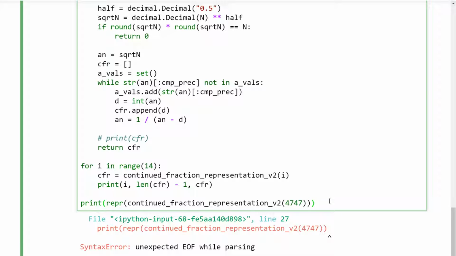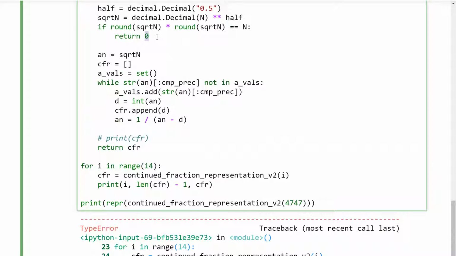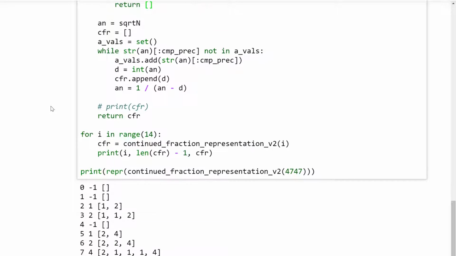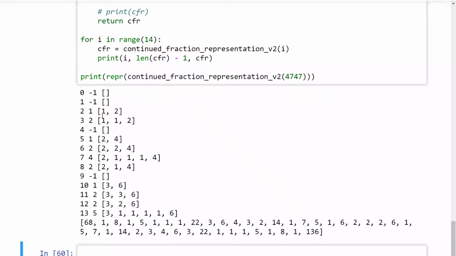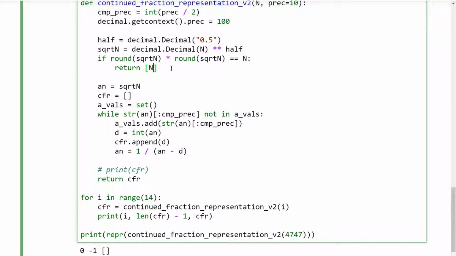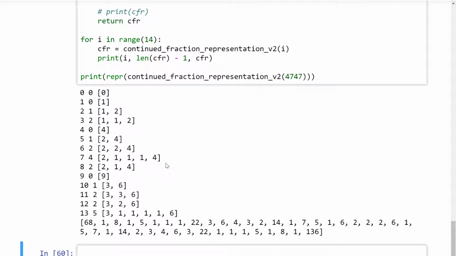Oh, yeah. I didn't even need this. Int object. Oh, right. Okay, let's just put n in here. Awesome. So it looks the same as before.